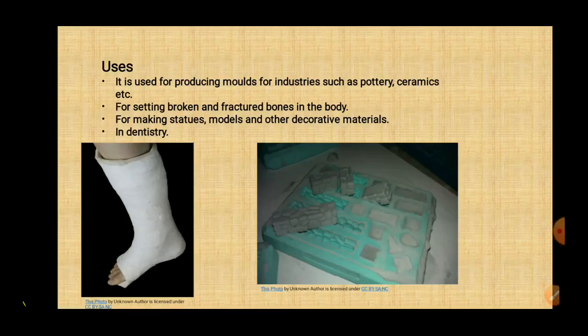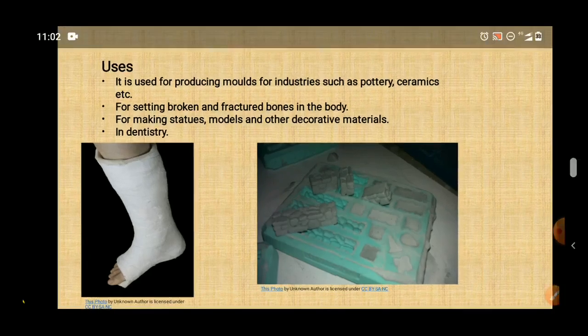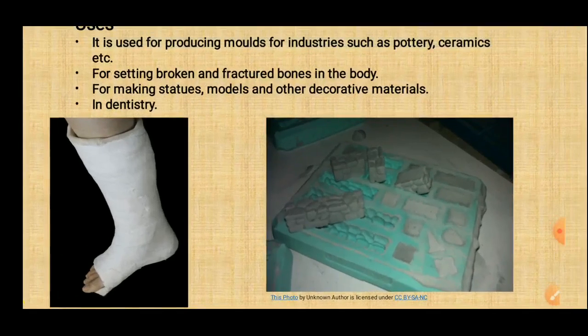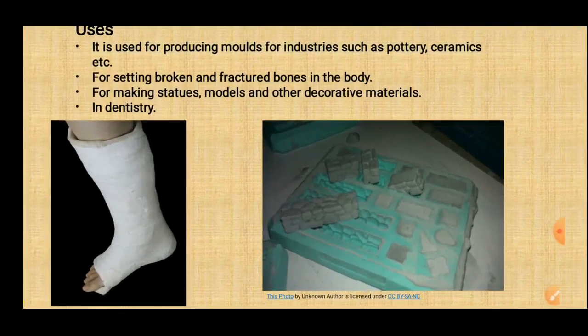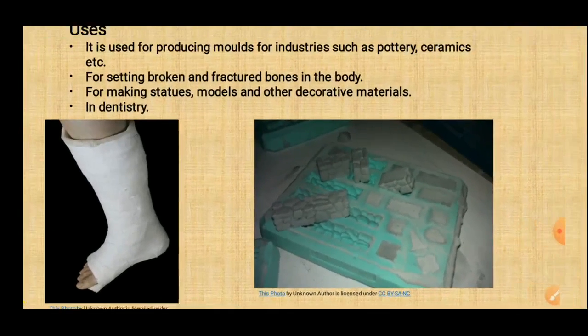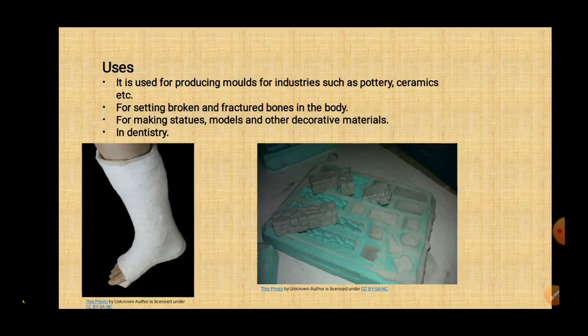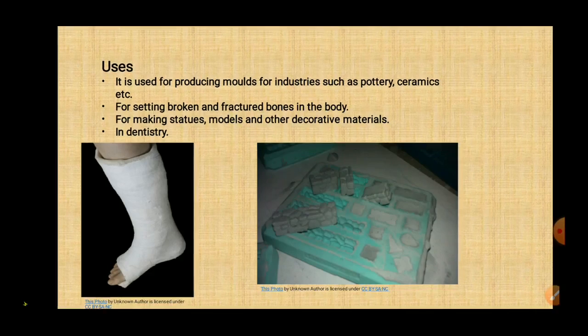It is used for producing molds for industries such as pottery and ceramics. Here you can see the molding. It is also used for setting broken and fractured bones in the body. You can see the picture.